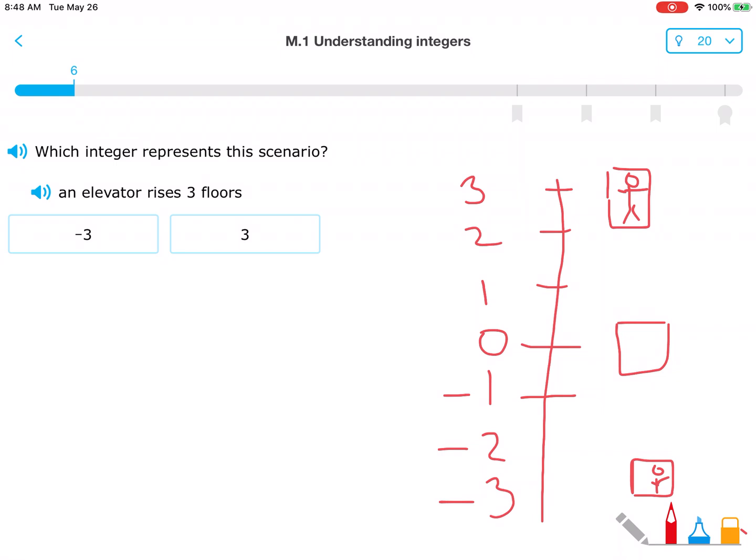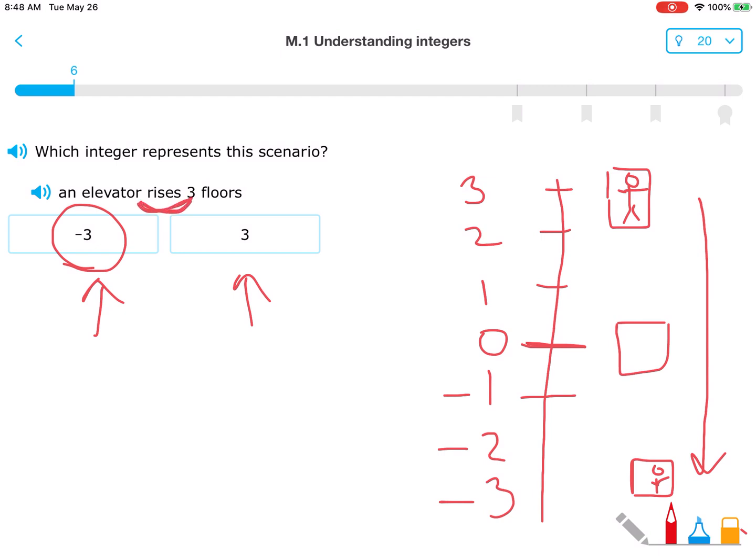So as we're answering these questions, we're going to be looking at these integers here. And we have this new number here, -3. That would represent being below 0. In our example of elevators, it might be in the basement, below the ground floor at 0. And we're also looking at, is it rising? Is it getting bigger? Are we adding?